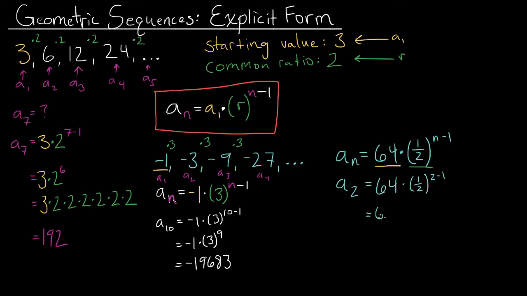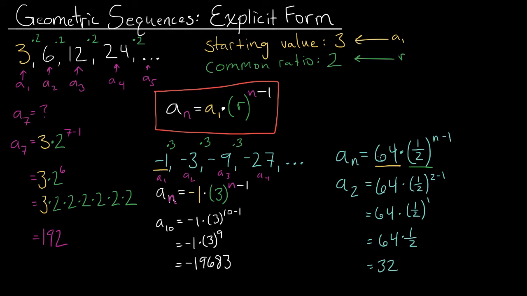And so that is equal to 64 times 1/2 to the 1 power, because 2 subtract 1 is 1. And anything to the first power is just itself. And so we have 64 times 1/2, which is equal to 64 divided by 2, which is equal to 32. And so we can write out the first term and the second term of this sequence.